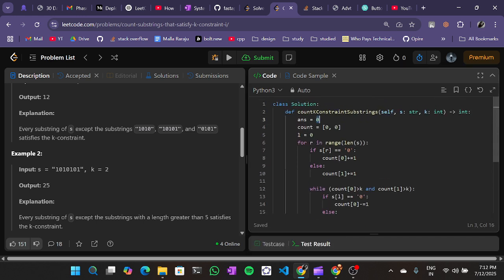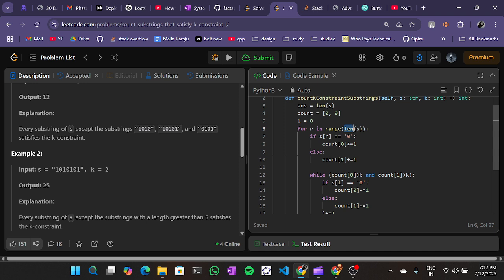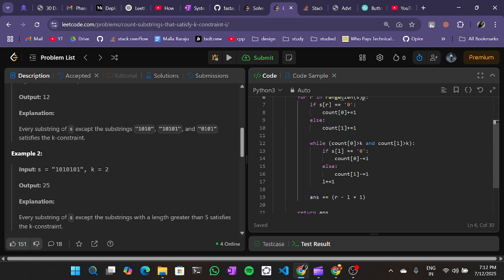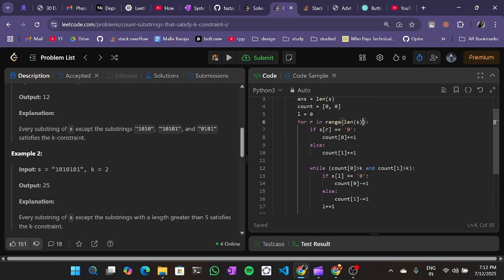Instead of initializing the answer from zero, we can do one thing. The count, r minus count plus.